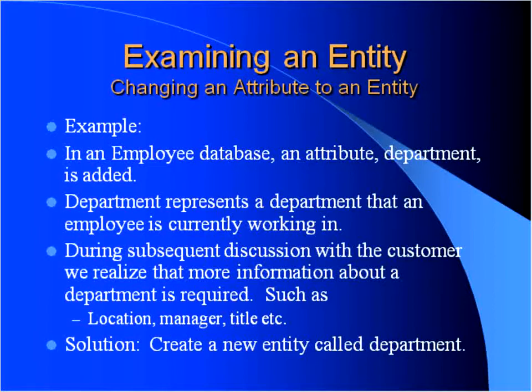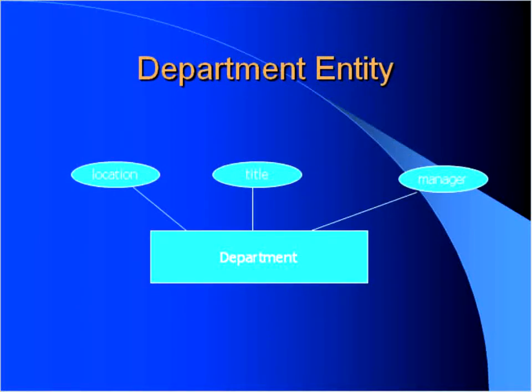But the moment we want to store information on the department, for example, the name of the manager of the department, where the department is located, and any other piece of information about the department, then rather than having an attribute of the employee entity, we now have an entity called department, because we want to store information about the department. So on slide 6, here is the department entity with attributes location, title, and manager.